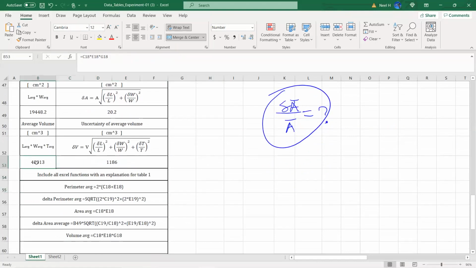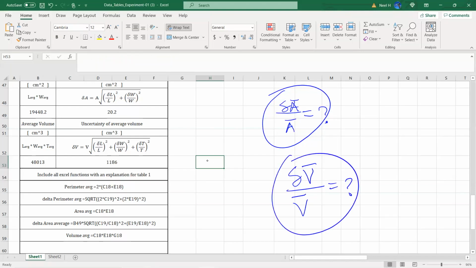Now, if you look at the number, it looks very large, right? 1,186 error. So what's that about? I need to take a look at the fractional error to understand that. Delta V bar over V bar. Then only can I really get a feeling whether this is a large error or not. Let's check it out. Delta V bar over V bar is 0.02.